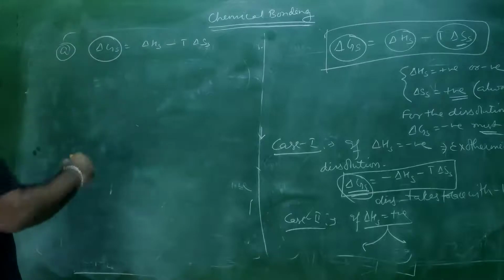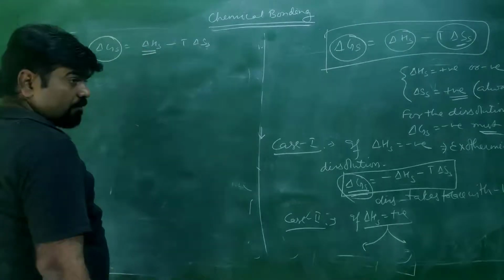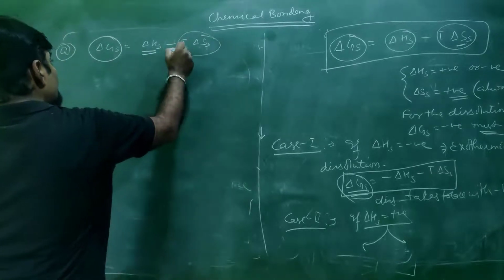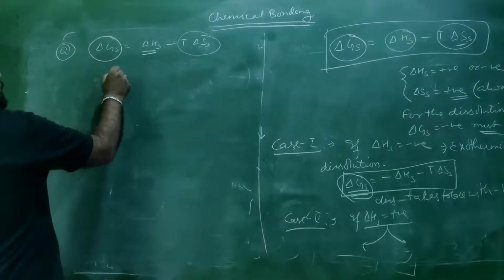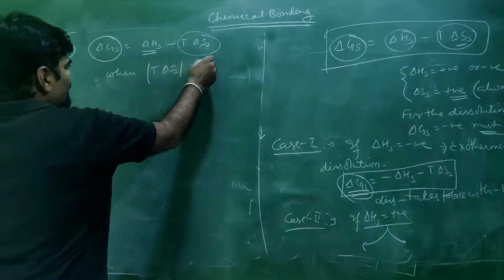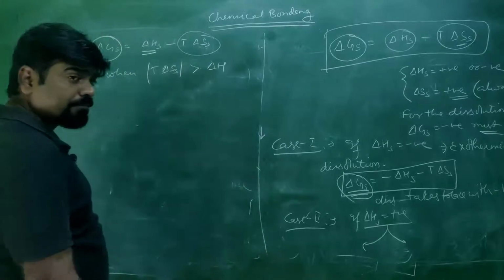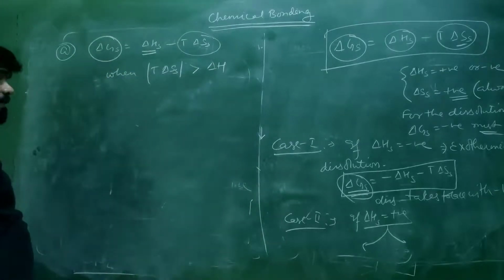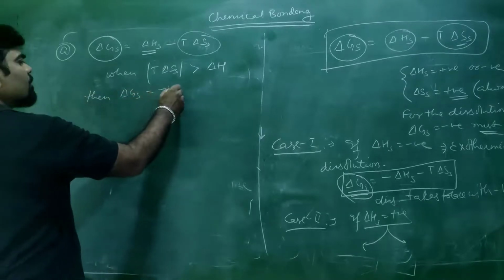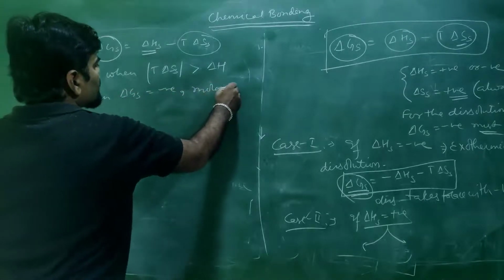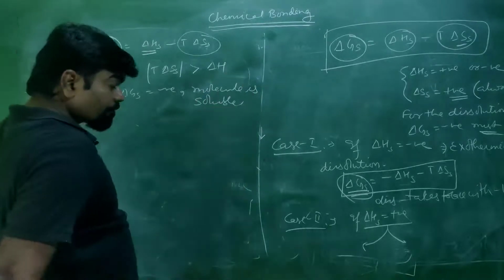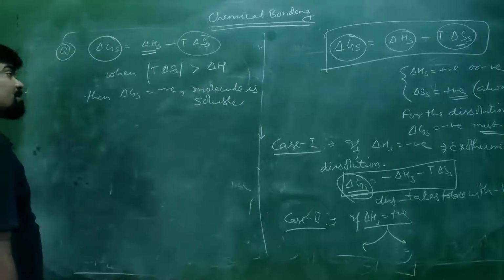This is to be negative, but del Hs is positive. How will this value be negative? When T del S is greater than del H. So when the modulus of T del S is greater than del H, then del Gs is negative and the molecule is soluble. The dissolution is possible.